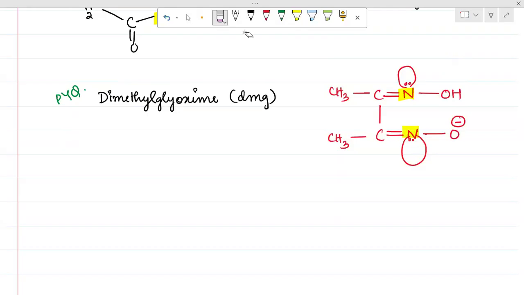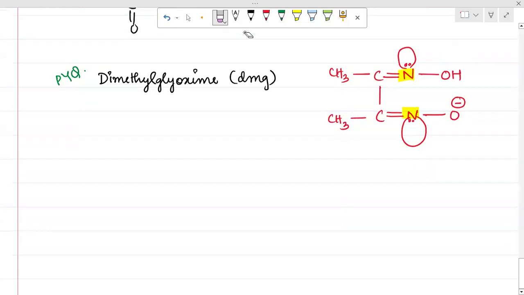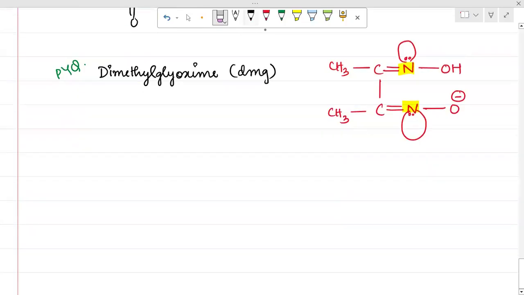This question asked: if DMG is mixed with nickel, how many Ni-N bonds would be there? How many Ni-O bonds will be there? The moment you mix this with nickel, it turns out to be nitrogen, nitrogen. One OH is like this, one O is like this.